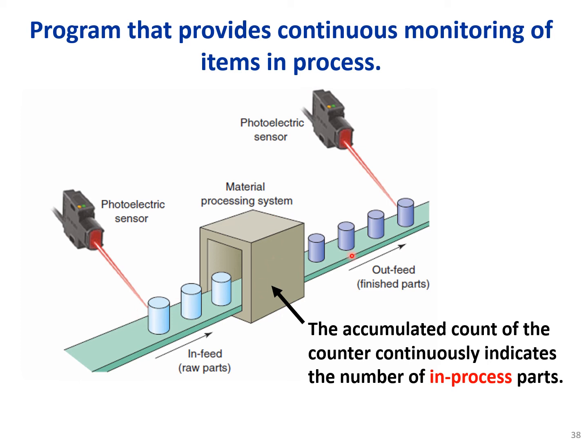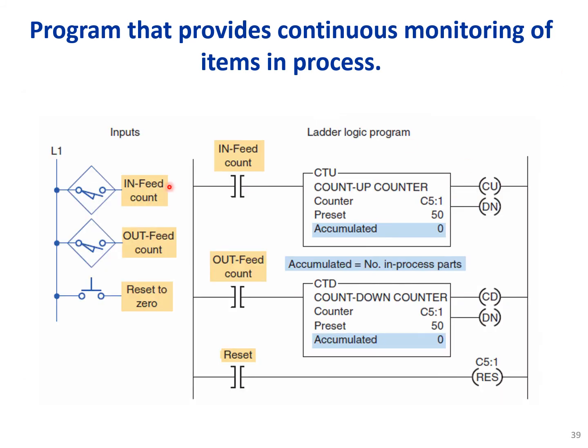What we want to monitor here is basically how many of these parts we have in process, so we can slow down or speed up the conveyor and see how many parts we could feed into the machine. From the previous slide, see how we could use up counter and down counter.